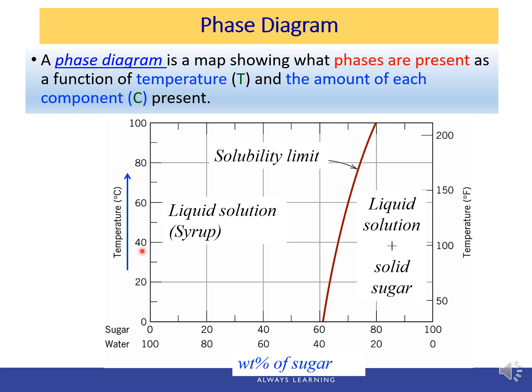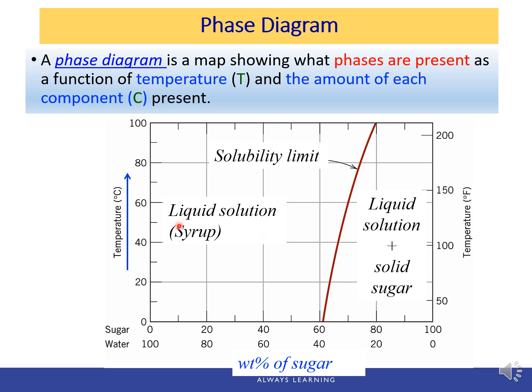At each given temperature and component amount, we can find from the phase diagram what phases are present. The phase present at lower sugar concentration is the liquid solution phase. Think about if you just put one scoop of sugar into a whole glass of warm water, it will dissolve immediately, right?